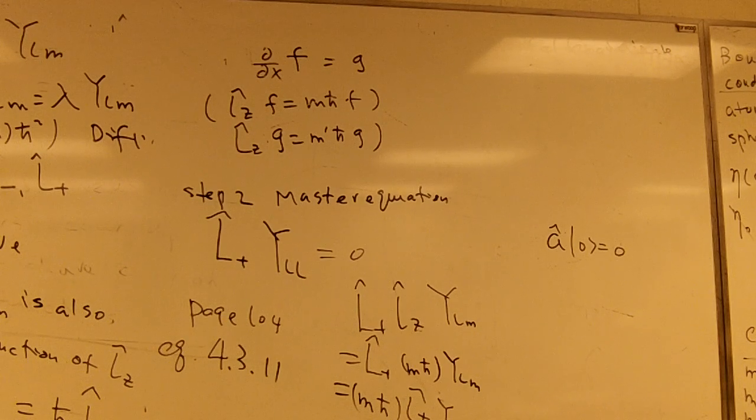Because G_l of theta is a function of theta only, we simplify equation 4.3.13 to dG_l of theta over G_l of theta equals l cosine theta d theta divided by sine theta, which equals l d sine theta over sine theta, and integrate to obtain the natural log of G_l of theta equals l times the natural log of sine theta, which equals the natural log of sine to the l of theta, or G_l of theta equals sine to the l of theta.